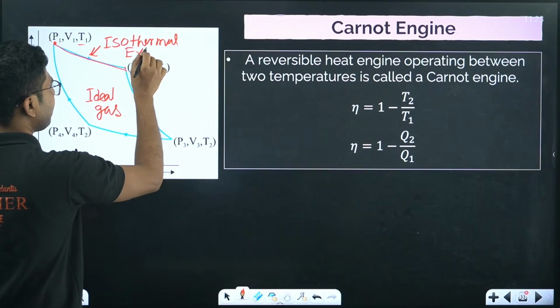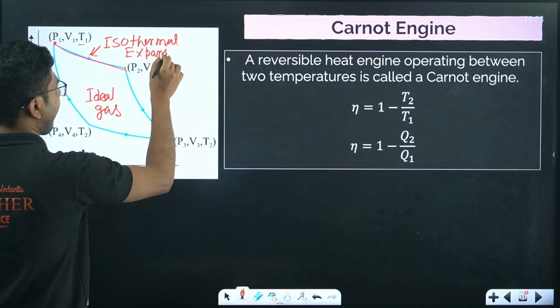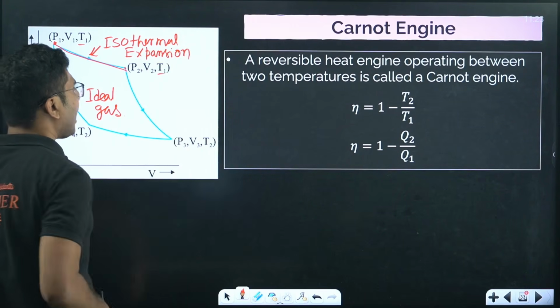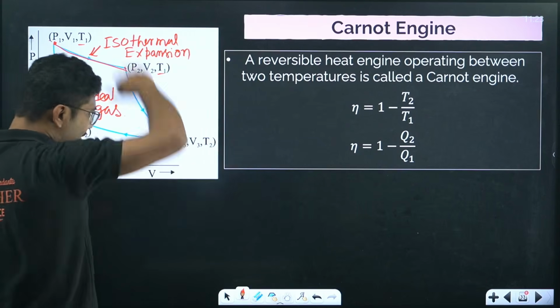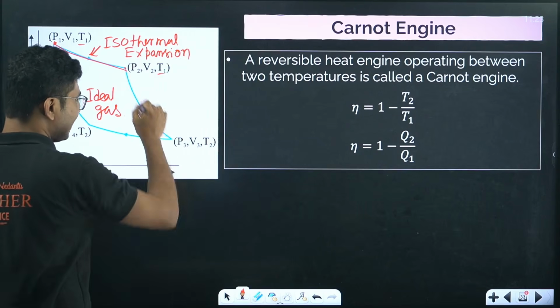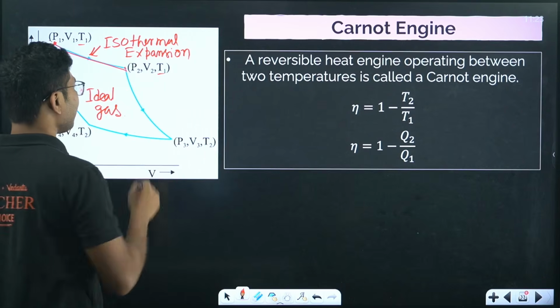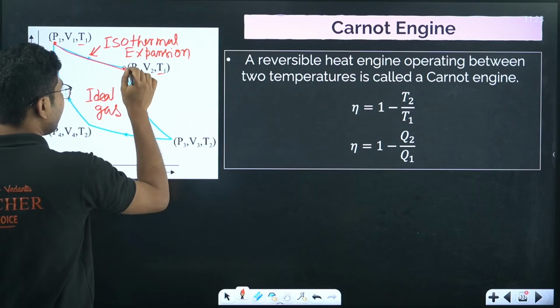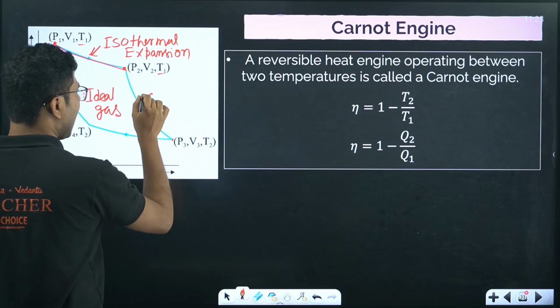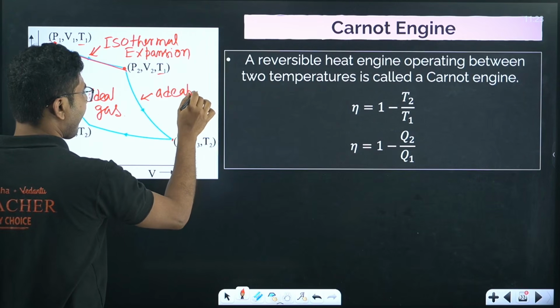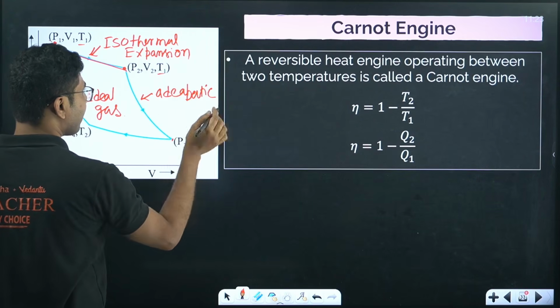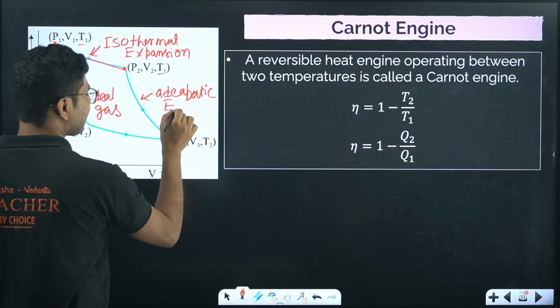Now you suddenly decrease the pressure. As you can see, the pressure falls suddenly from P2 to P3, and this is an adiabatic process. Again it is expansion, adiabatic expansion.